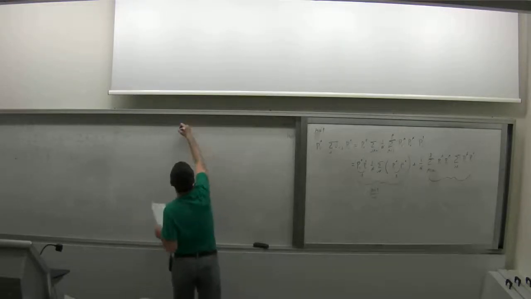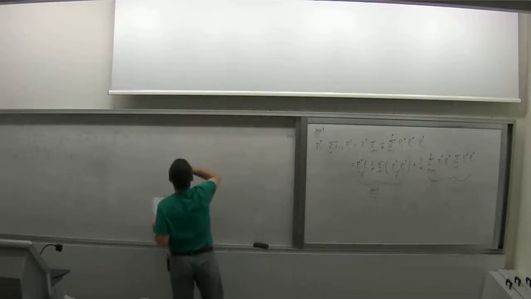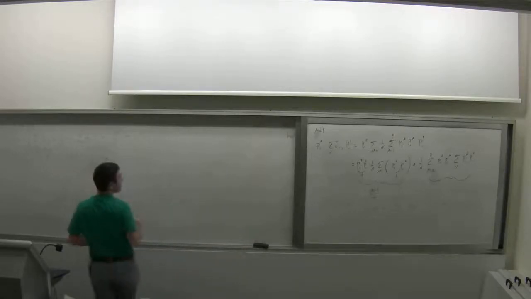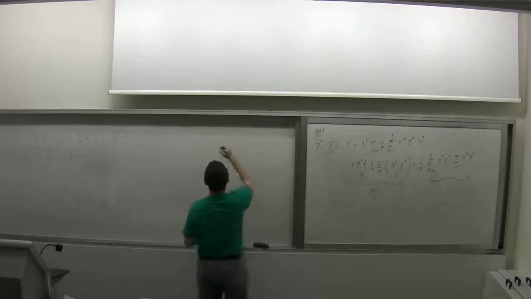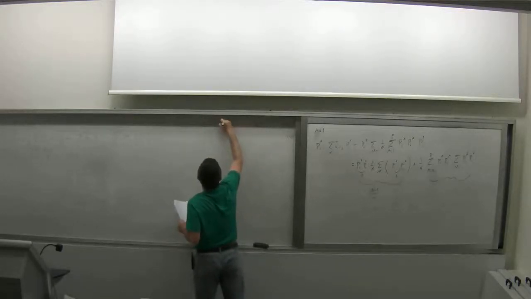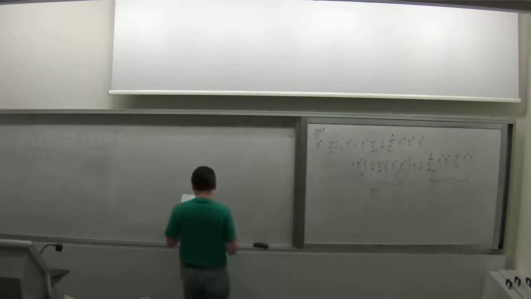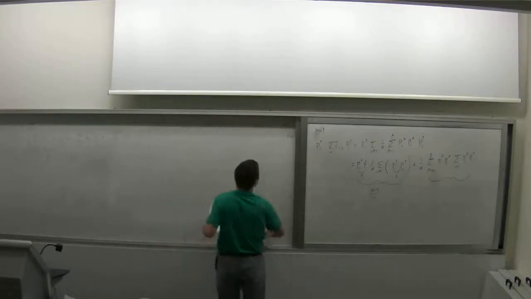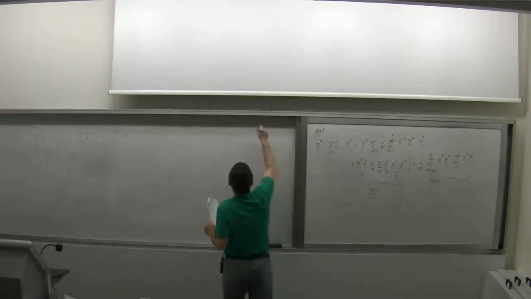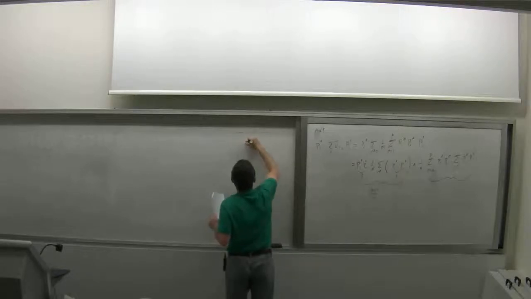So let's look at g(x). g(x) is hyperbolic tangent of beta x. So this goes from minus 1 to 1.